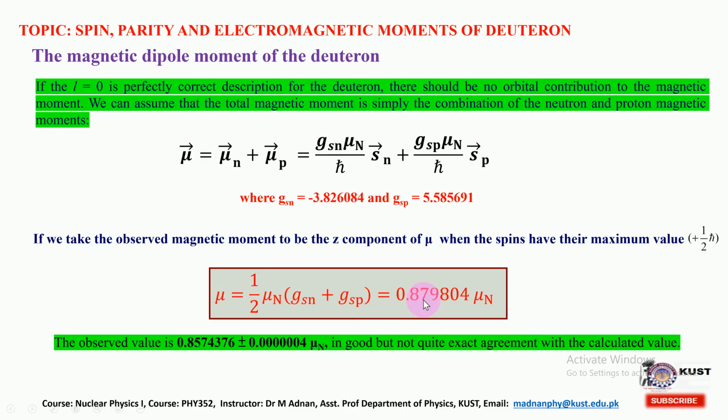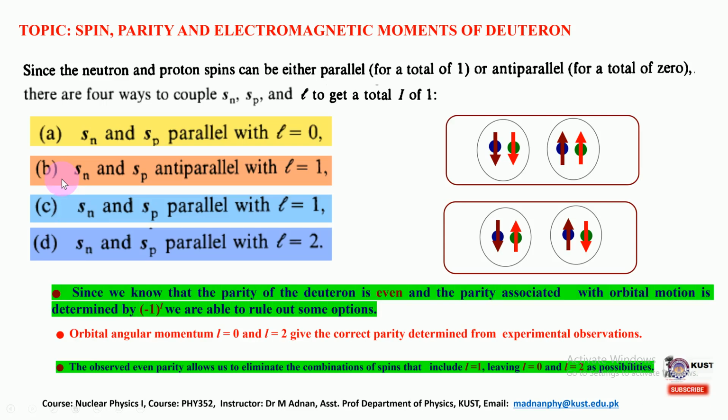So now we will see why there is a difference between the observed and the theoretical numbers if we just consider the L equal to 0 possibility. For that we need to discuss the second possibility on the previous slide. As I told you, option A is one possibility, and the last one, option D, is where, if you remember, L is equal to 2.